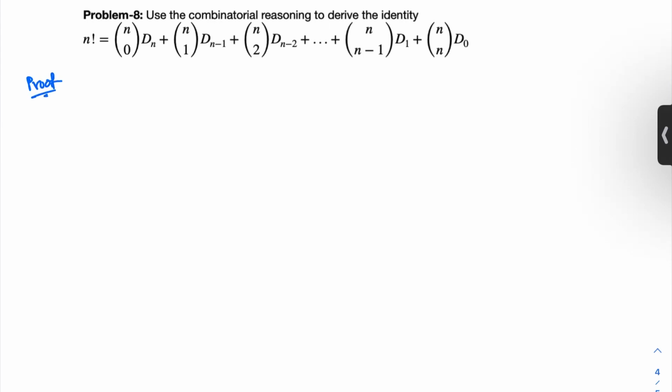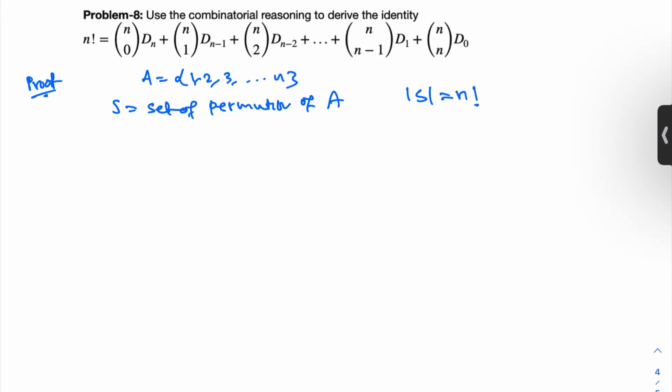Okay, first of all, if I look at the left hand side, n factorial, that can be seen as the count of permutations of n objects. Let's say A equal to the set consisting of n objects 1, 2, 3, so on n. Okay, so let us say S is going to be the set of all permutations of A. The number of elements in S, we can immediately see, is n factorial.